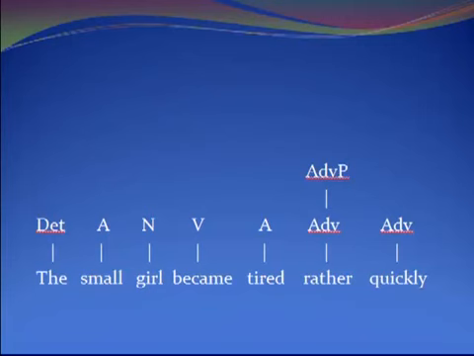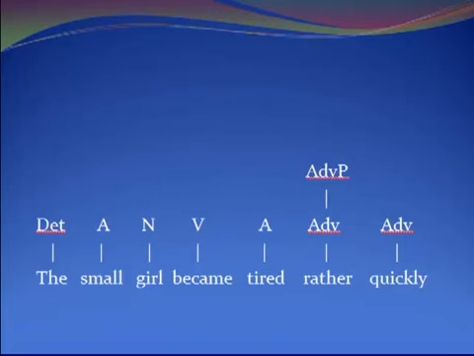Well, we've got the adverb quickly, and the next word along is rather. Now if we try to move quickly by itself, that doesn't work. You can't say quickly the small girl became tired rather. But what you can do is say rather quickly the small girl became tired. So you can move that whole unit rather quickly as one unit, and that shows that it's a constituent.